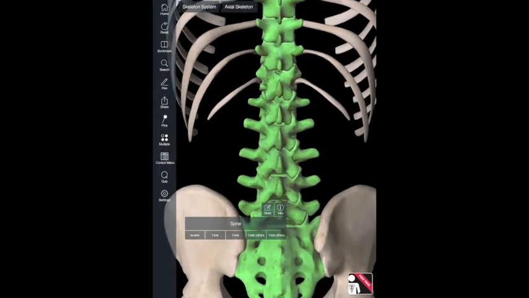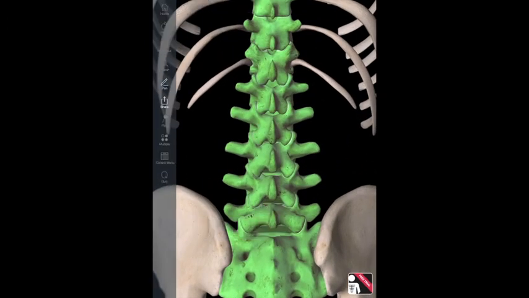So we get the lumbar vertebrae right here. And you can see there's 5 of those. 1, 2, 3, 4, 5. So that is really what you're looking at when it comes to the different vertebrae on an actual skeleton. Like I said, that is when they are all together.